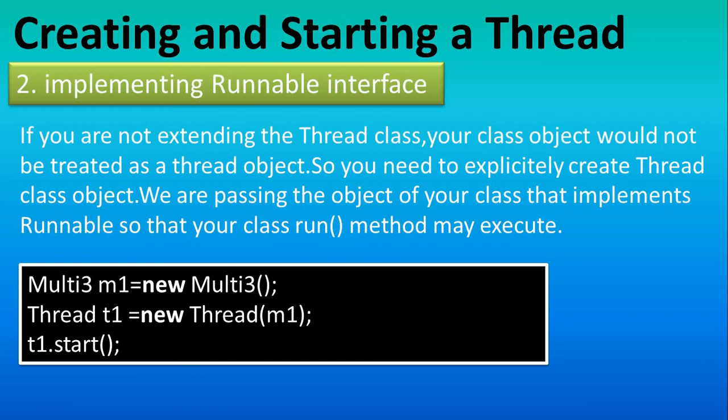We are not using extends Thread, so only creating the object is not enough. You have to pass that object, m1, to the Thread class constructor. For specifying the thread you create the thread object and then write t1.start, so that the run method will be executed.